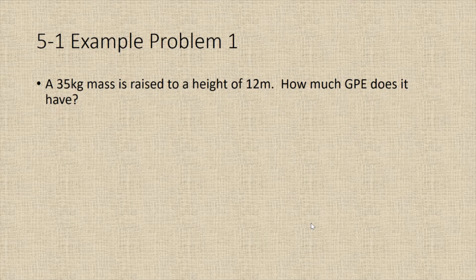So the first thing that we have to do is state our givens. As with any problem, knowing what we have to work with will help us figure out where we need to go with it. So the first thing that we have here is the mass. So we got that 35 kilogram mass.